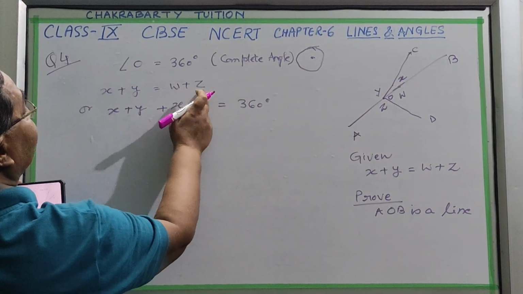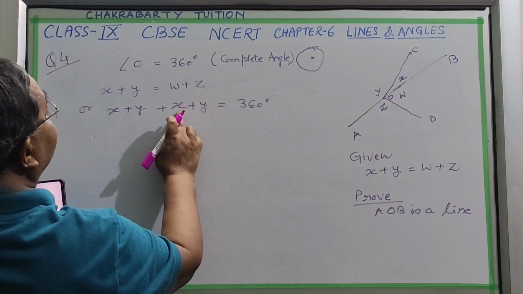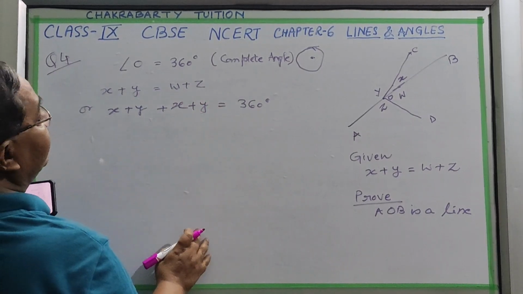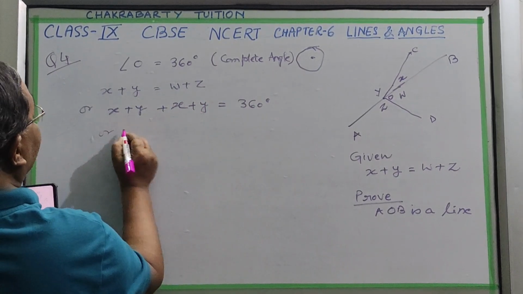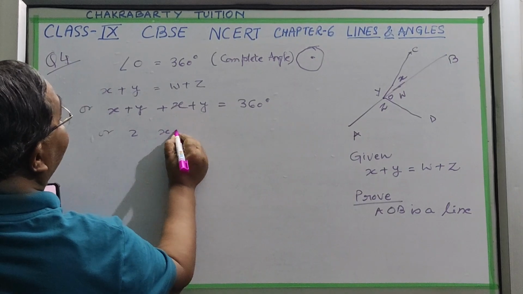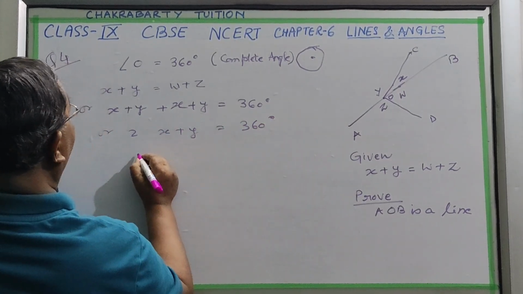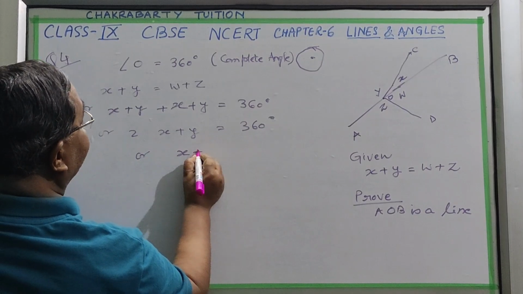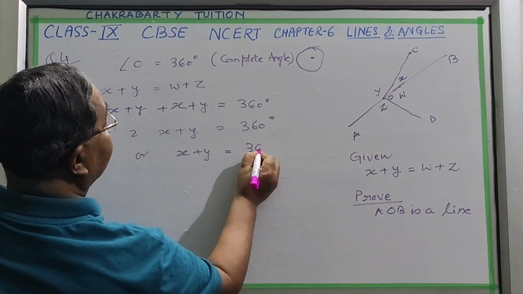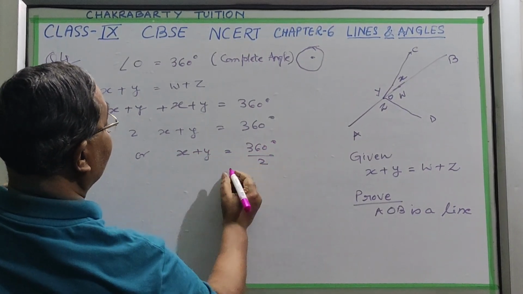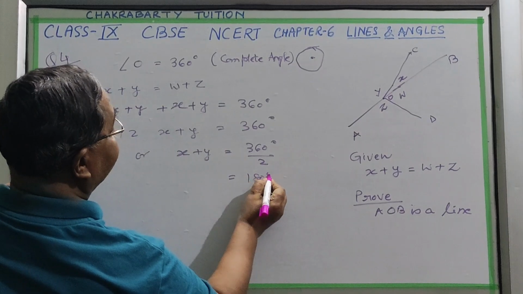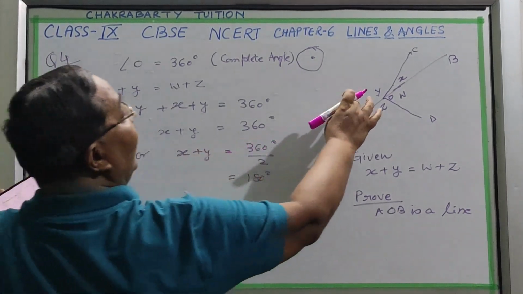So y and z we replace with x and y. Okay, or 2x plus y is equal to 360 degree, or x plus y is equal to 360 degree upon 2, which is equal to 180 degree.